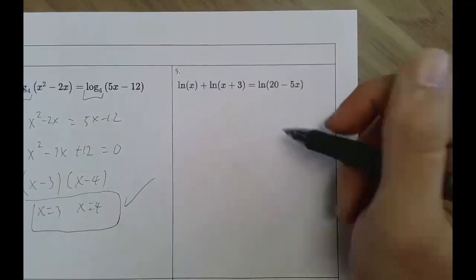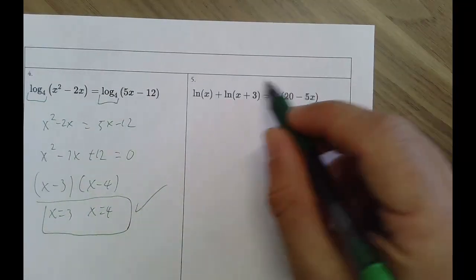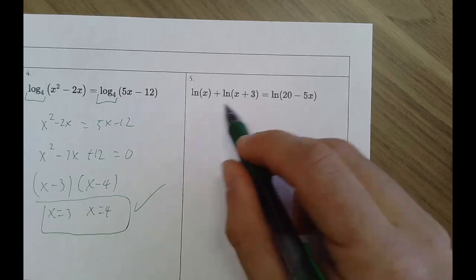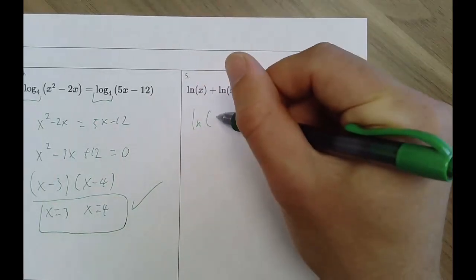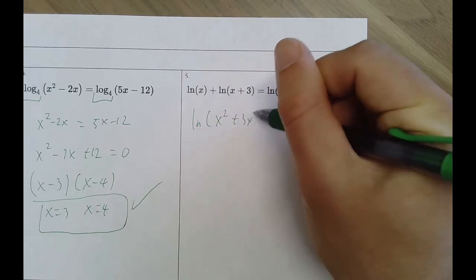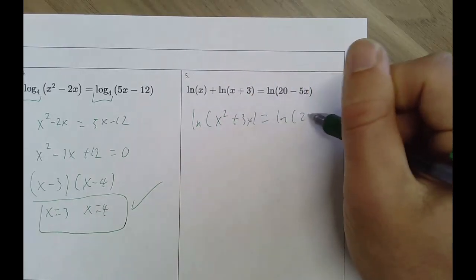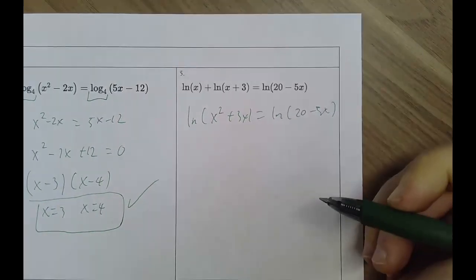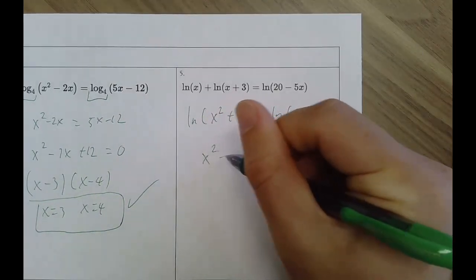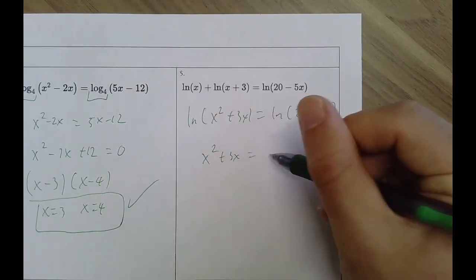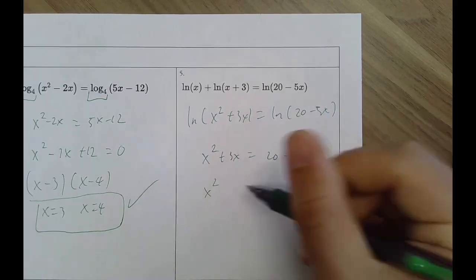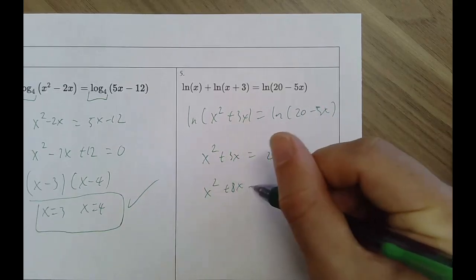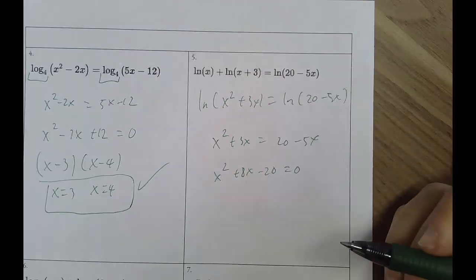Okay. This is similar, but it's not all set equal to each other yet. We have to combine these ones first. So remember, when you add logs, it's the same as multiplication. This is ln of x squared plus 3x equals ln of 20 minus 5x. Same thing, set them equal to each other. x squared plus 3x equals 20 minus 5x. So x squared plus 8x minus 20 equals 0.